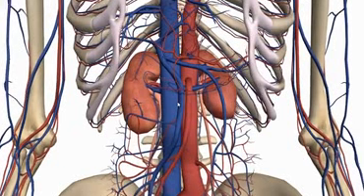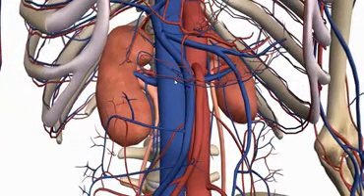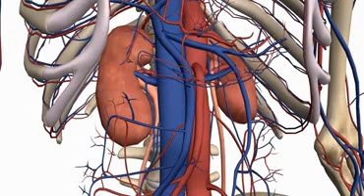I've brought in the cardiovascular system here, and you can see the large inferior vena cava and the abdominal aorta, and coming off it the renal veins and arteries on either side entering the hilum together with the ureter.